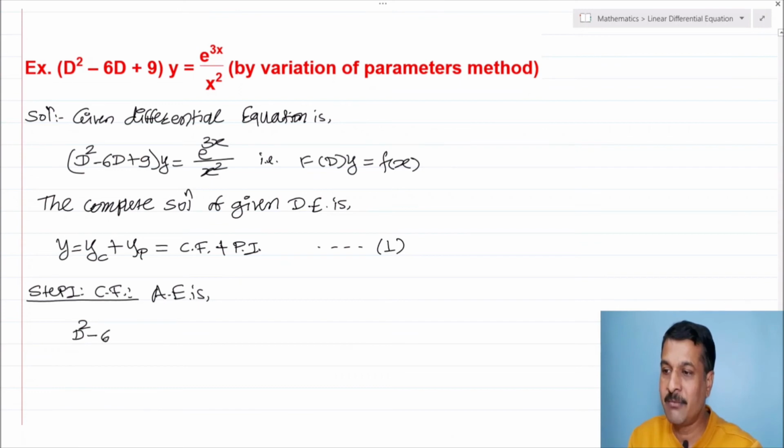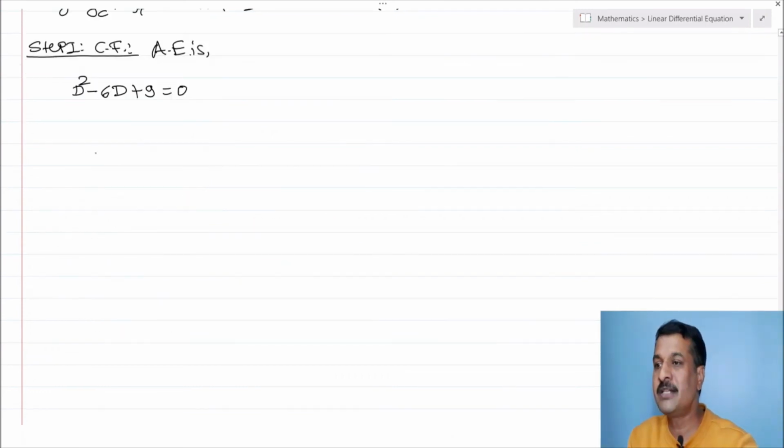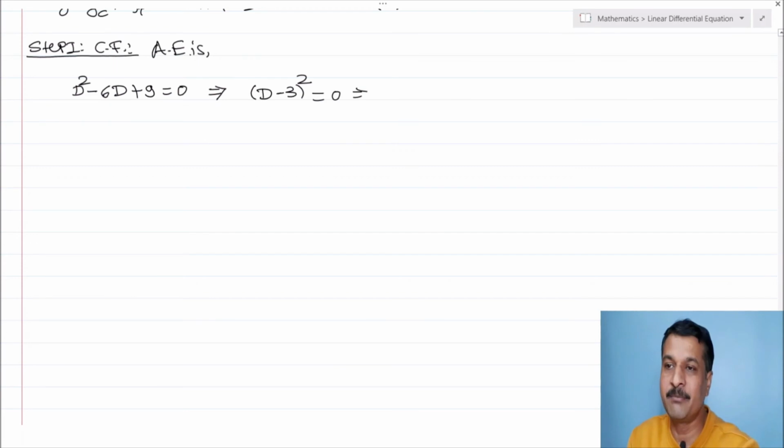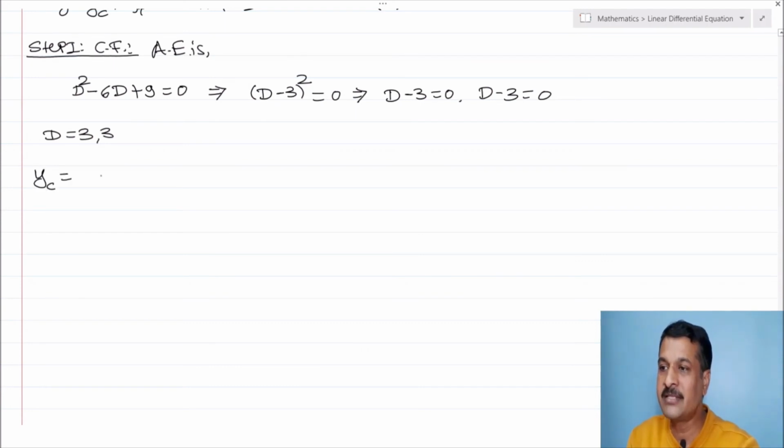So d square minus 6d plus 9 equal to 0. It is a perfect square, that is d minus 3 whole square equal to 0, and this implies d minus 3 equal to 0 and d minus 3 equal to 0. It means d equal to 3, 3 are the roots of this equation.